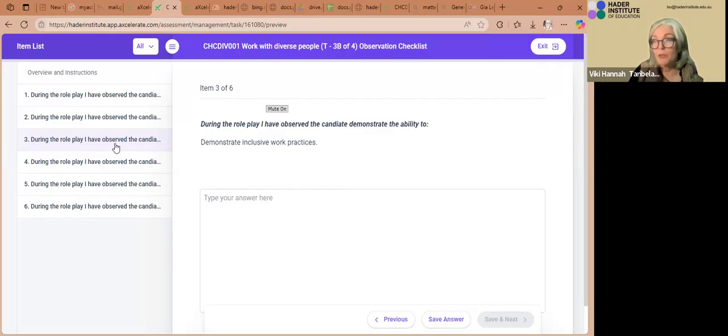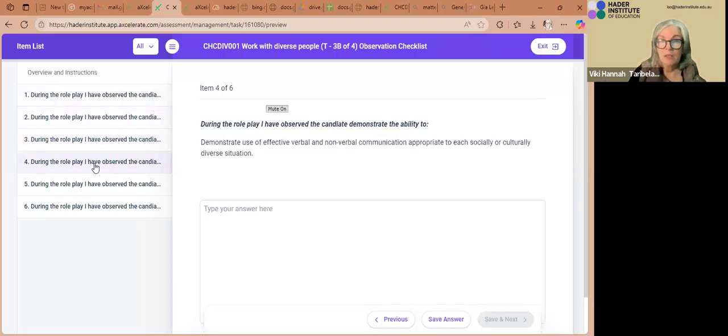Your non-verbal, your open hand rather than closed hand, your positioning of your body, giving people that appropriate space, your tone, your manner, all of that will be part of it. Demonstrate the effective use of verbal and non-verbal communication appropriate to each socially or culturally diverse situation.